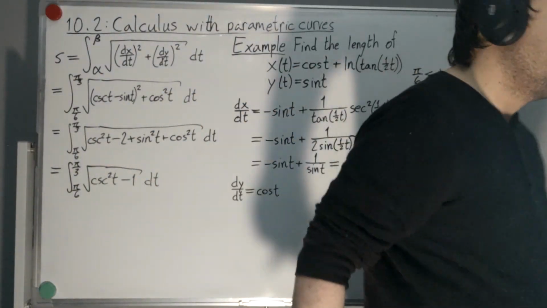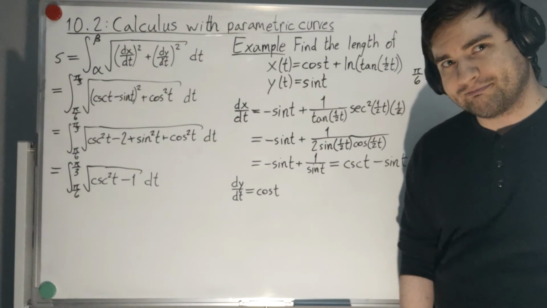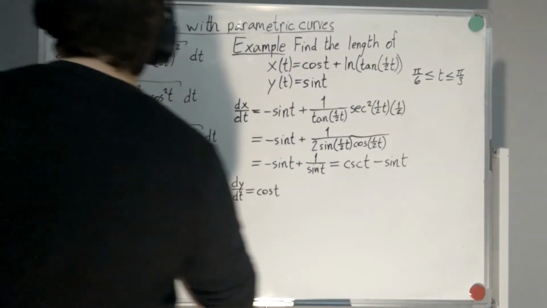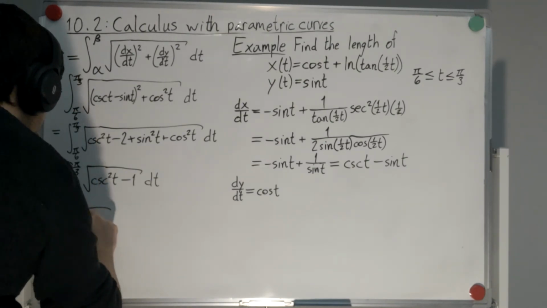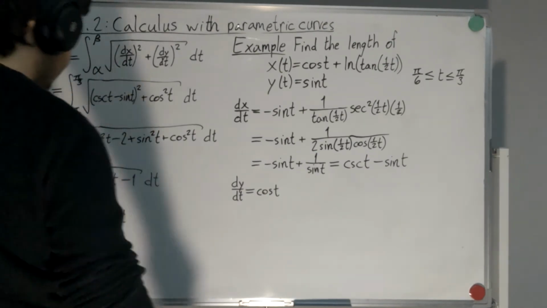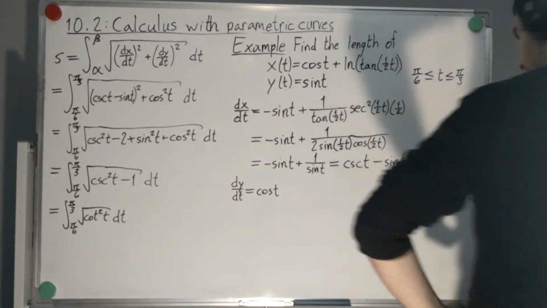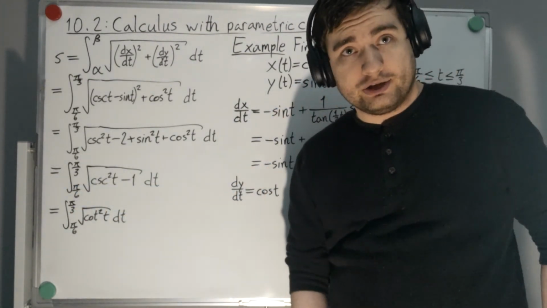It so happens that cosecant squared t minus 1 is cotangent squared t. So then this becomes integral from pi over 6 up to pi over 3 of the square root of cotangent squared t dt. Now, from pi over 6 to pi over 3, cotangent is positive.